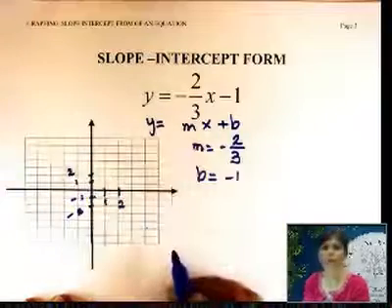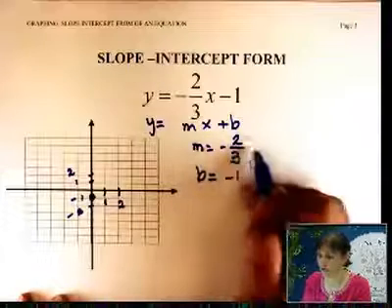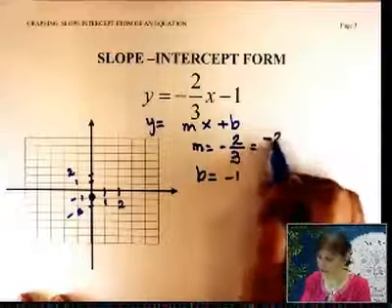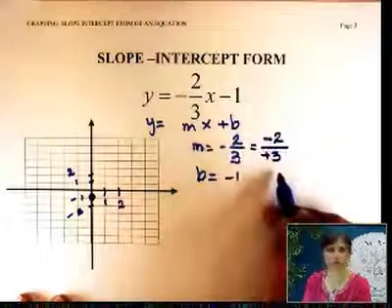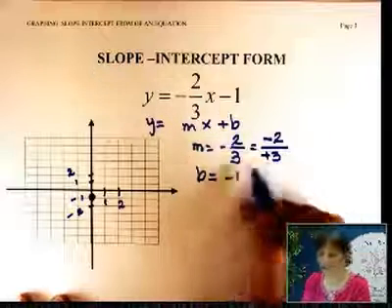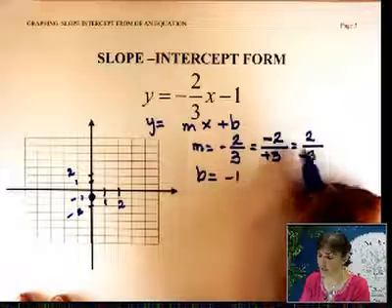I start with the y-intercept, negative 1. When you have a negative, here's a trick. Put the negative on top, positive at the bottom. Negative 2 over positive 3 is the same as negative 2 over 3. Or you can even do this, 2 over negative 3.